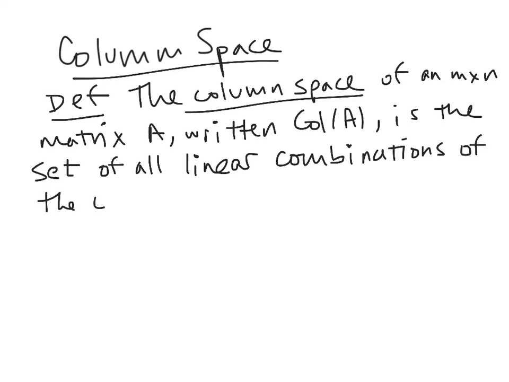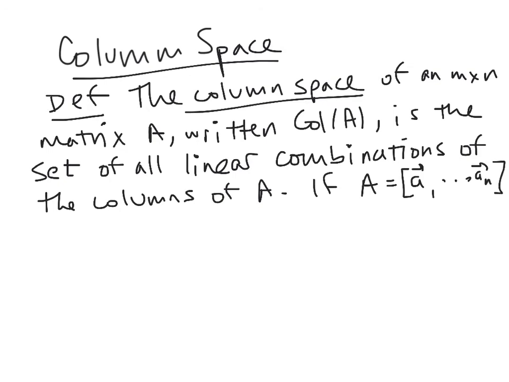The columns of A. So, therefore, if the matrix A has the following column vectors, then this tells us that the column space of A is the span of these vectors.